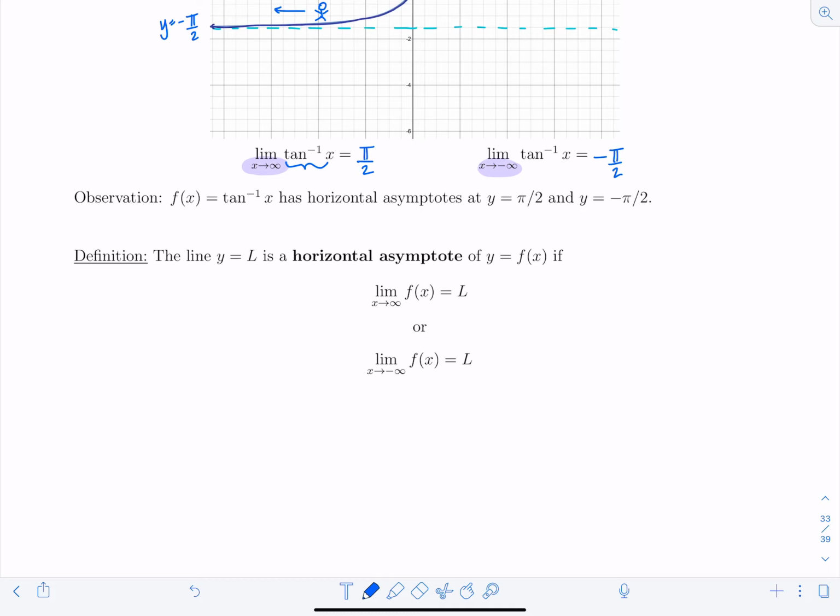But now that we're in calculus, we're going to use this limit definition anytime we're asked to find horizontal asymptotes.